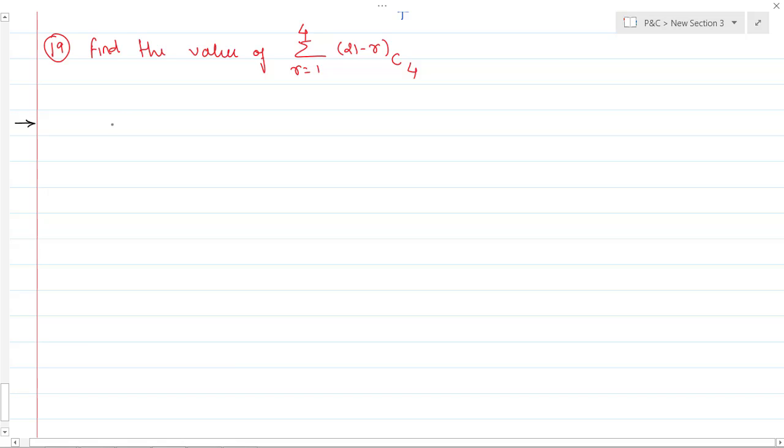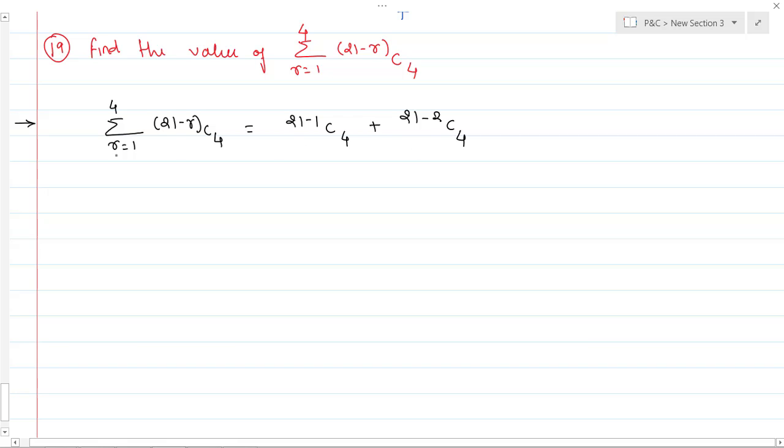So the summation r equals 1 to 4 of (21 minus r) C4 is equal to, see here, first time your r value will be 1, so it will be 21 minus 1 C4 plus 21 minus 2 C4.